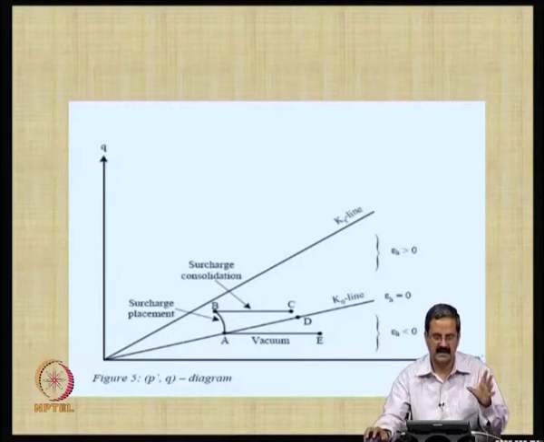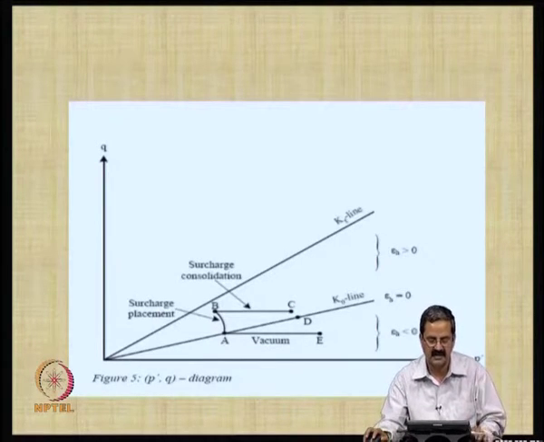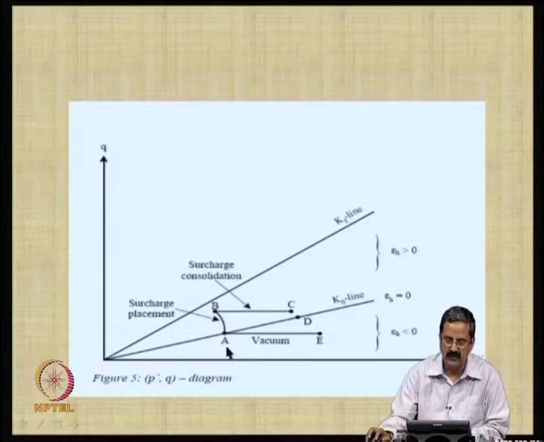The soil is at rest. So, what we do normally, now you start loading in the field. By the process of surcharge placement, what are you doing? Because the rate of loading is faster than the soil can consolidate, P will come down.